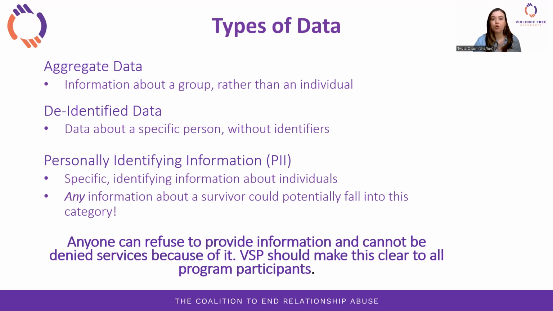De-identified data is program participant level data about a specific person that has been stripped of identifiers such as name, address, date of birth, and so on. Personally identifying information, or PII, is identifying information on individuals, including information that could potentially disclose the location of a victim of domestic violence, dating violence, sexual assault, or stalking.